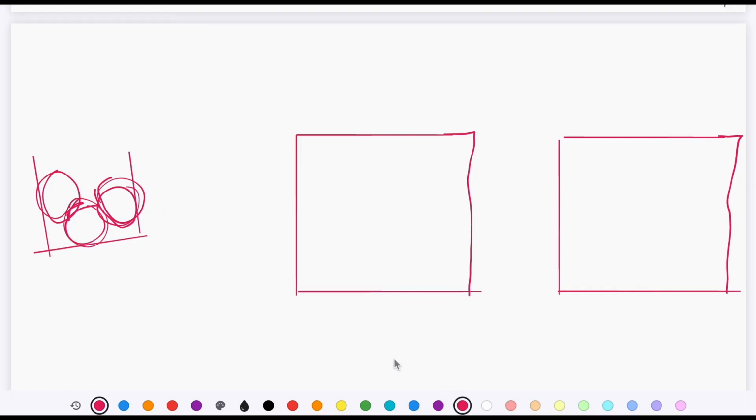So we are going to consider here it is touching two sides of the square, and here it is touching one of the sides of the square.